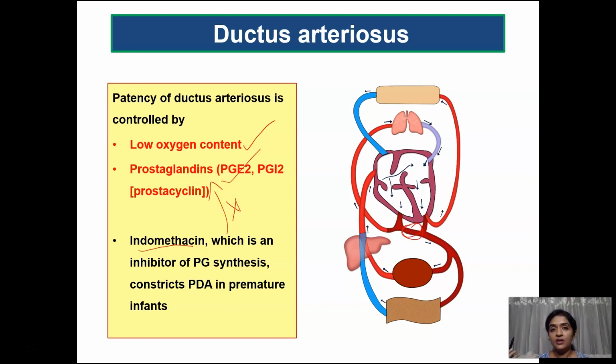When a fetus is delivered prematurely, indomethacin acts as an inhibitor of prostaglandin synthesis, and that in turn results in constriction of the patent ductus arteriosus in premature infants, because otherwise the ductus arteriosus will remain open even after birth.